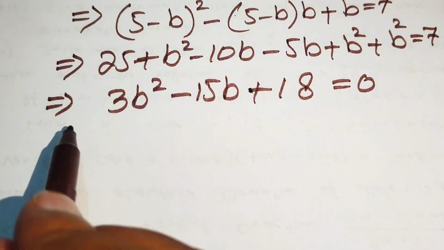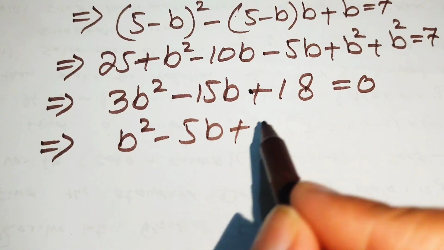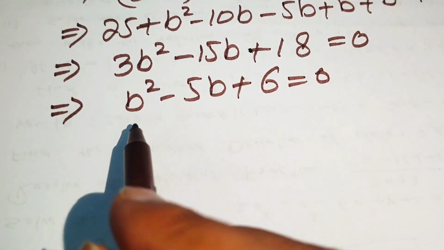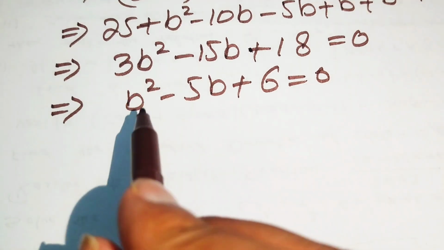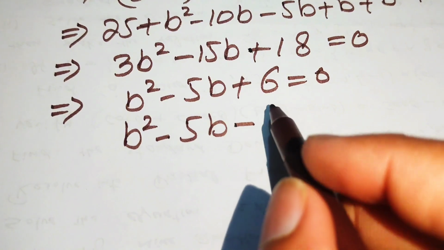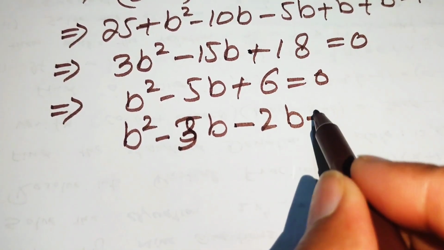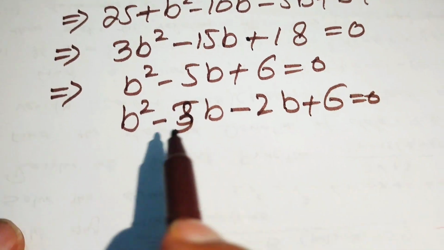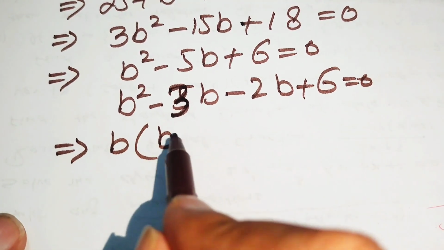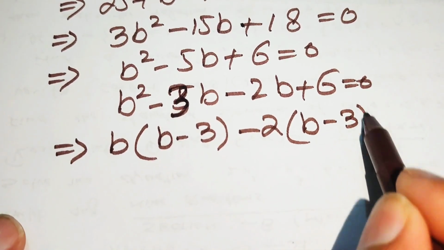Here we divide each of these terms by 3, and we get b square minus 5b plus 6 equals 0. Now we factorize: b square minus 3b minus 2b plus 6 equals 0. We take common b from the first two terms and get b minus 3, and take common minus 2 from the other two and get b minus 3.